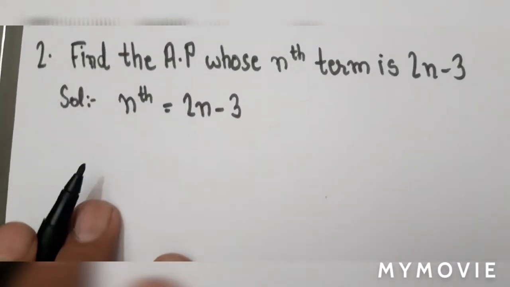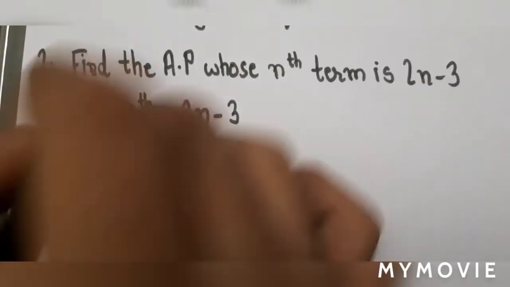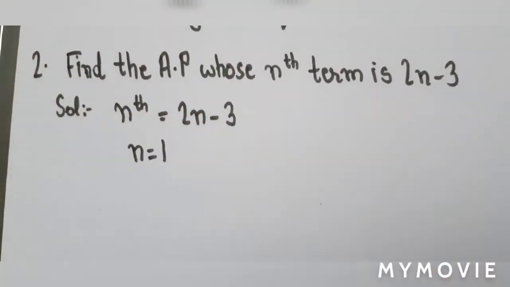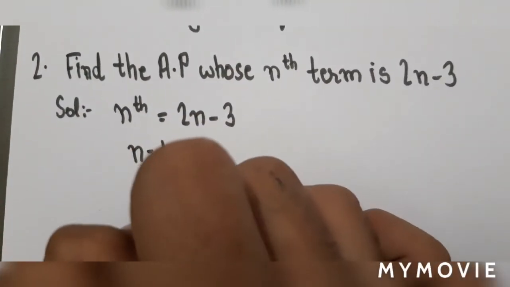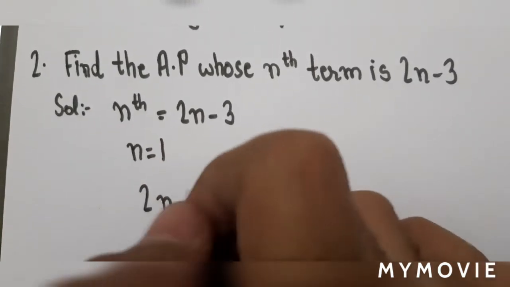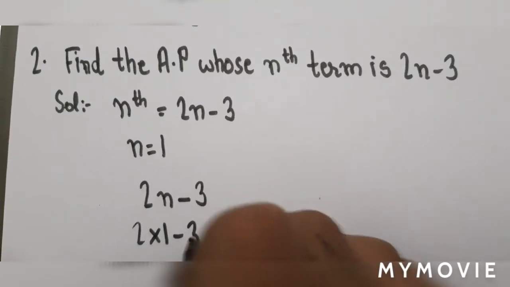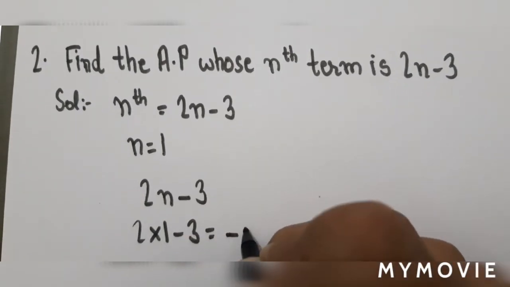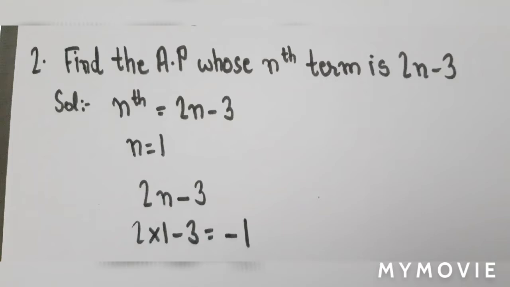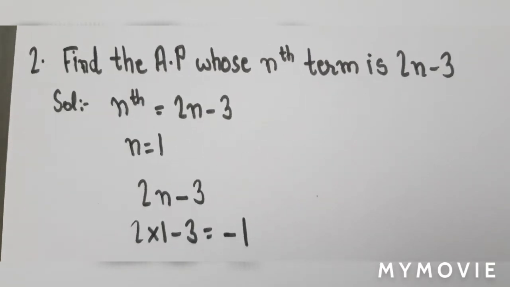For finding the first term, n becomes 1. If n is equal to 1, then our answer will be 2 into 1 minus 3. So you will get minus 1. So this is our first term.